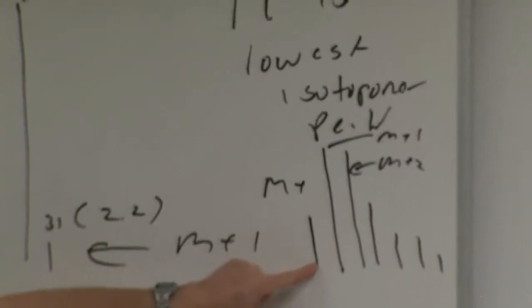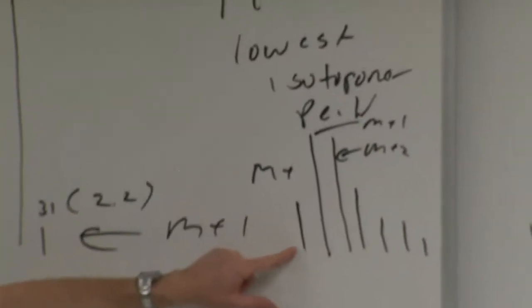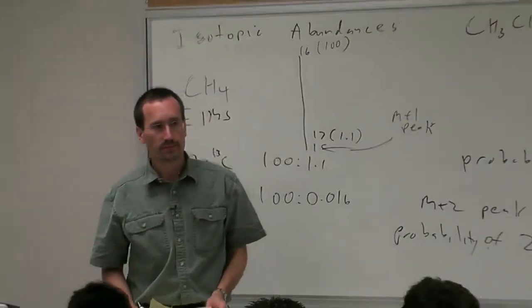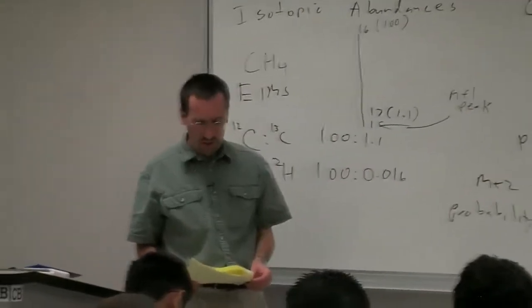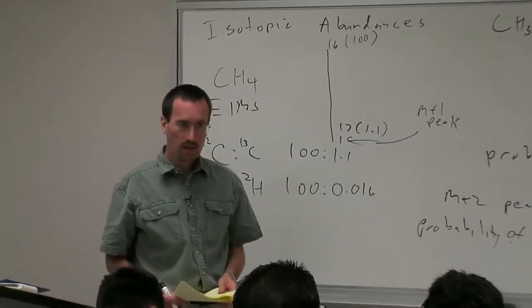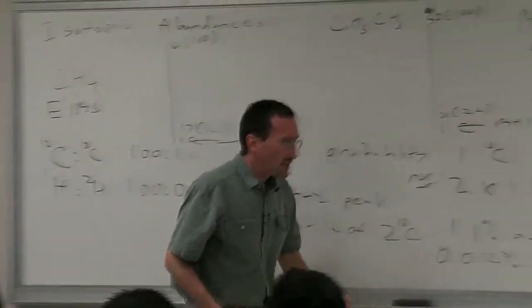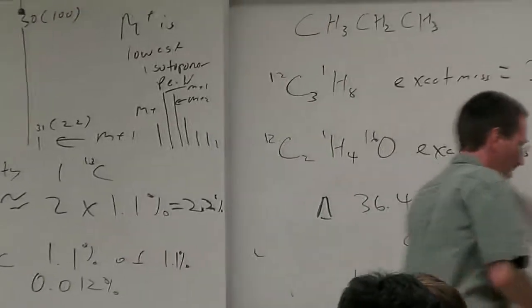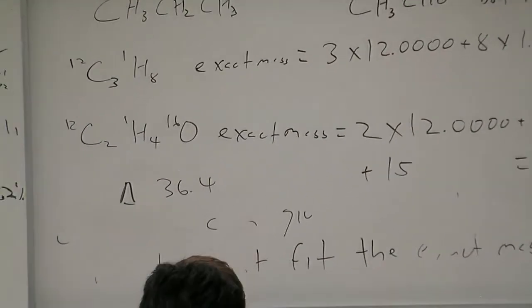And of course, if you're dealing with a soft ionization technique, then your first peak is going to be M plus H or M plus sodium. But basically, the first isotopomer peak may not be the biggest in certain cases. Other thoughts or questions? All right, let's take a look at some other elements with isotopes.